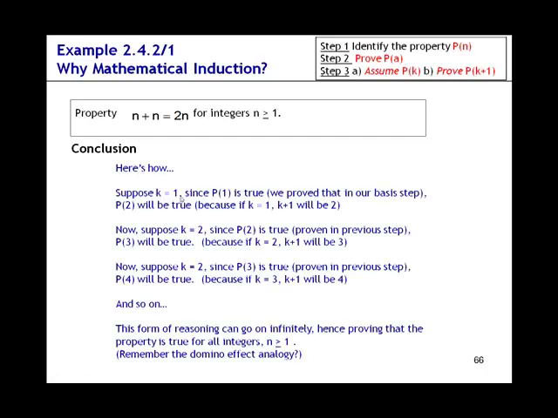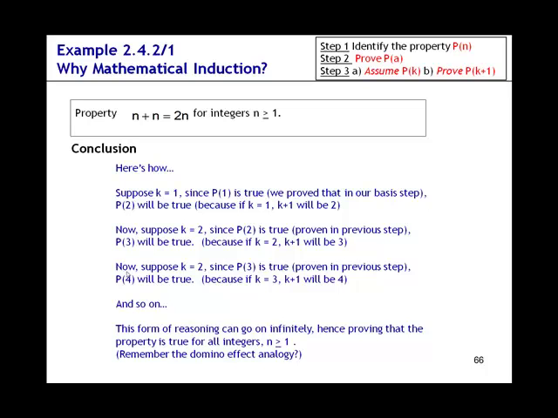Suppose k equals 1. Since P1 is true, we have proven in our basis that P2 will be true, because if k equals 1, k plus 1 will be 2. Now suppose k equals 2. Since P2 is true, proven in our previous step, P3 will be true, because if k equals 2, k plus 1 will be 3.